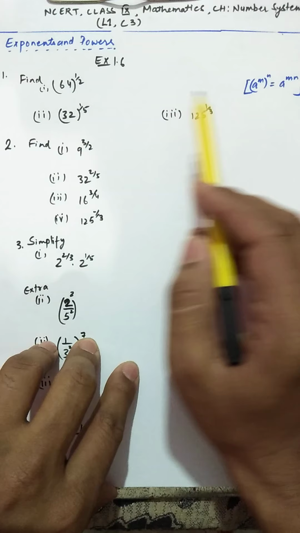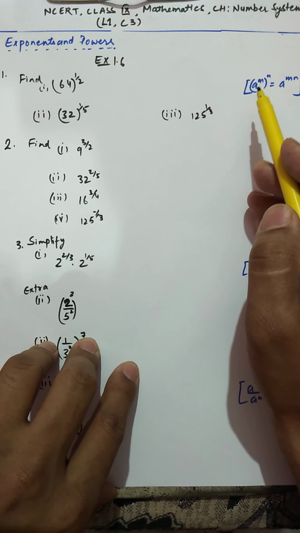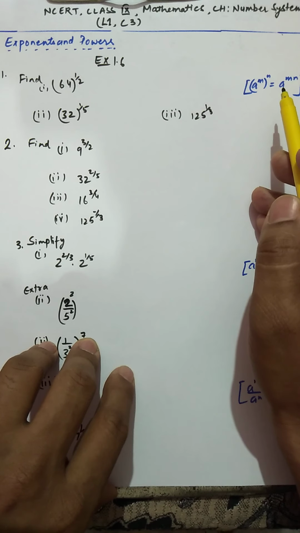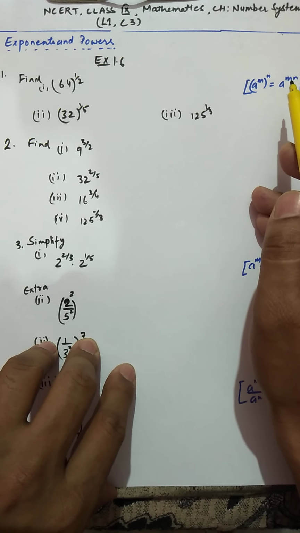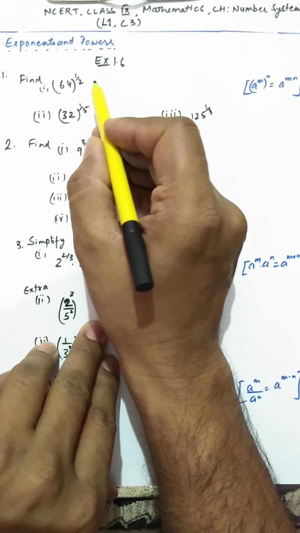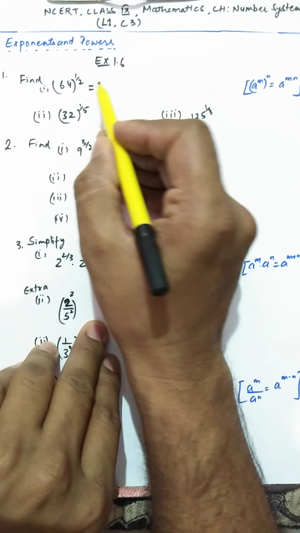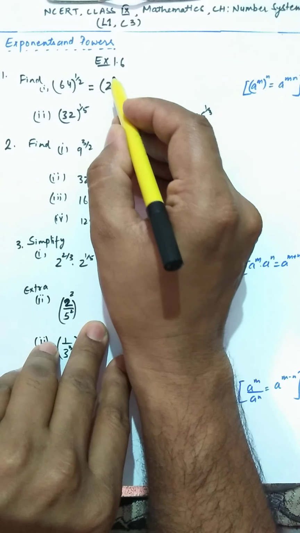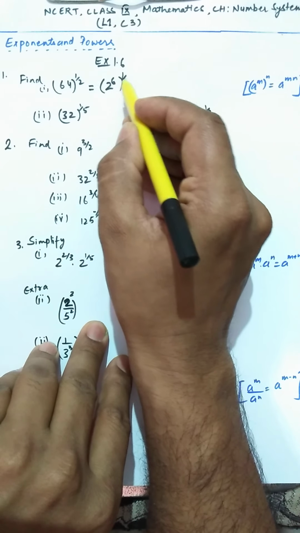So we have some rules. (a^m)^n becomes a with exponent m into n. Now we'll use this rule to simplify this. You know that 64 is 2 to the power 6 and this is 1 by 2.